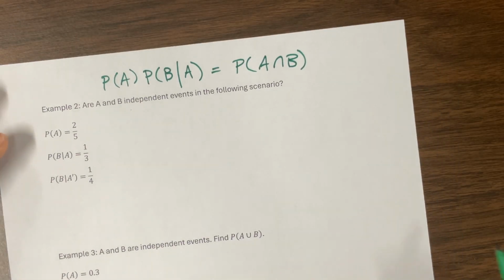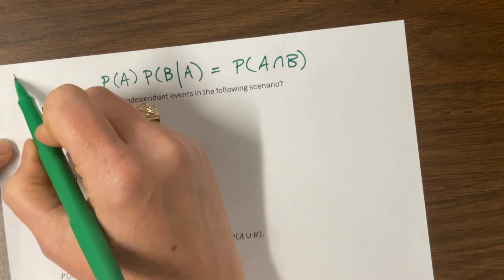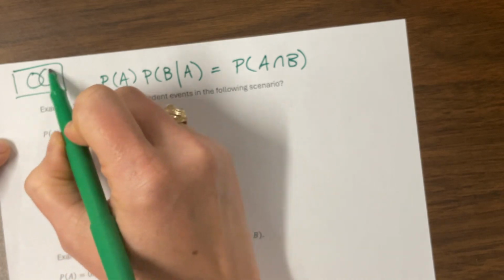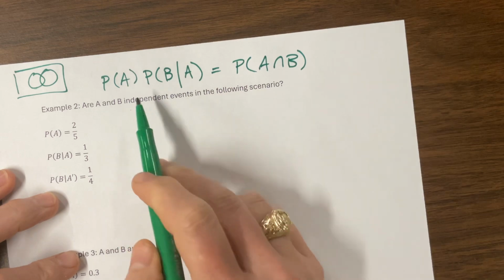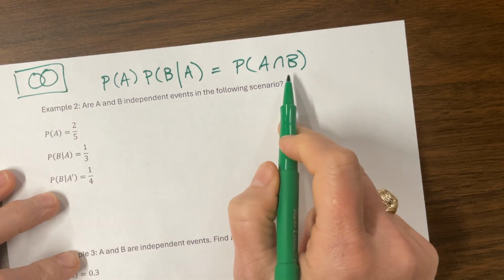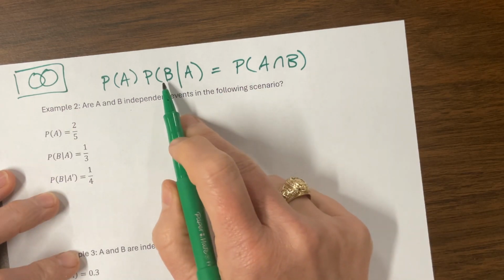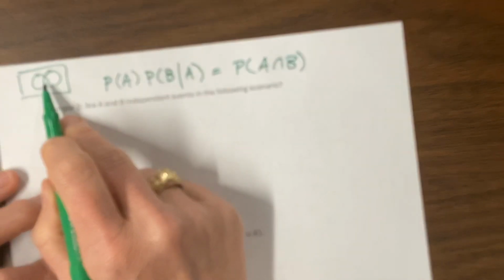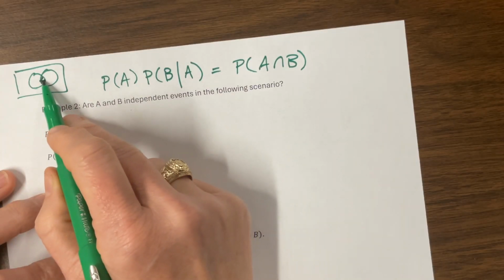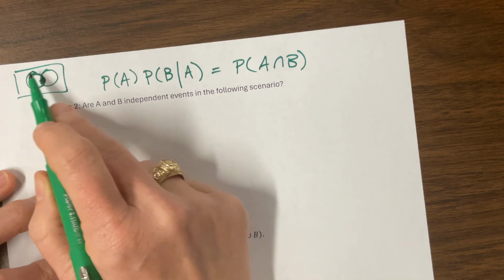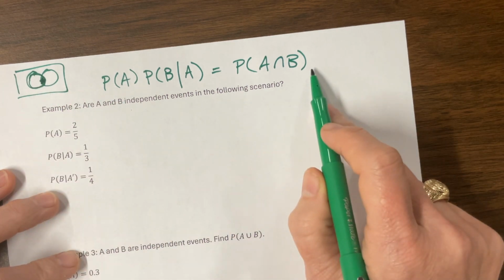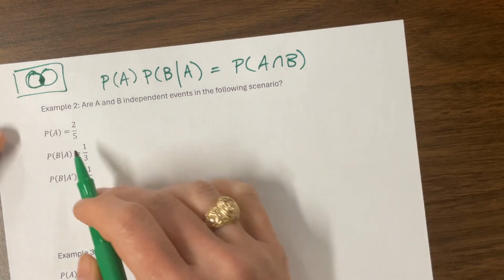We could think Venn diagram too. If this is A and this is B, I just put A on the right and B on the left. The probability of B given A would be this little piece over the whole thing. So it would be the probability of the intersection divided by the probability of A, which gives me this equation. It's another way to look at that.